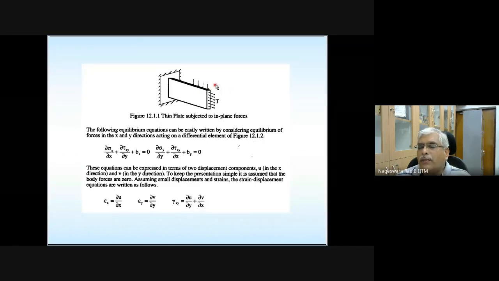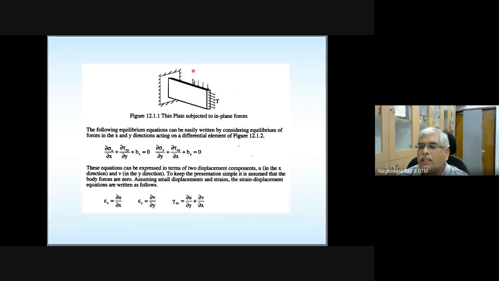So significantly, the load is applied in the plane of the x and y axes. There is no load applied along the z-axis. Load is applied in the plane which consists of length and width. Along the thickness direction, load is not applied.